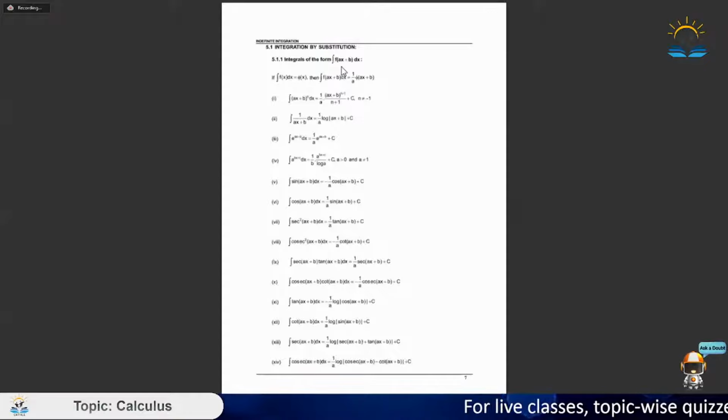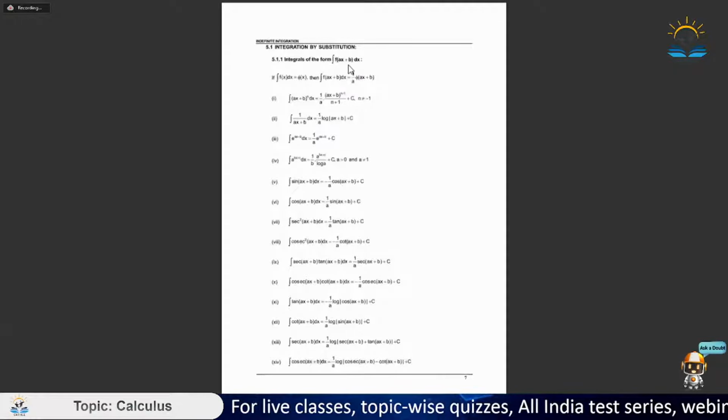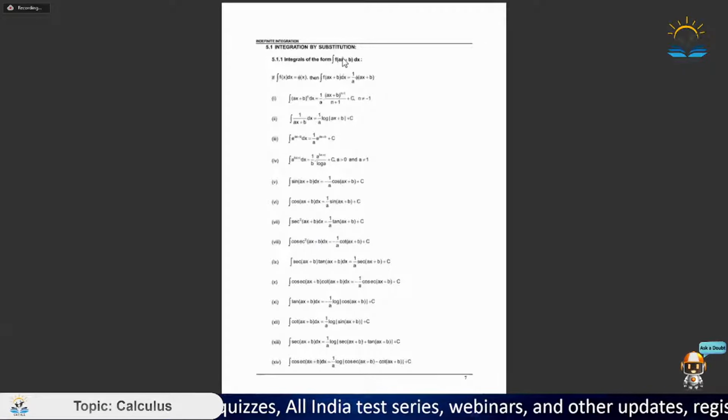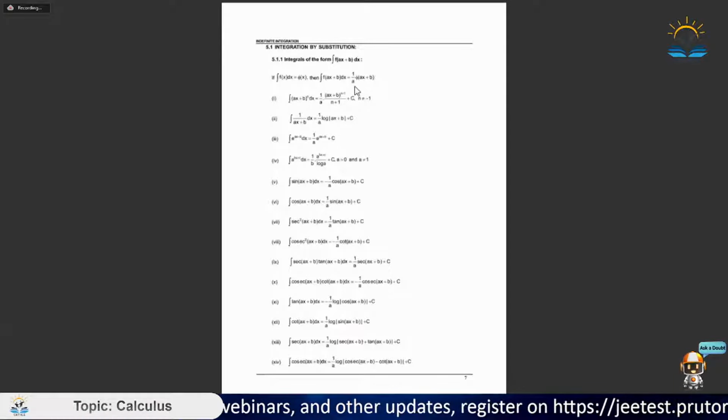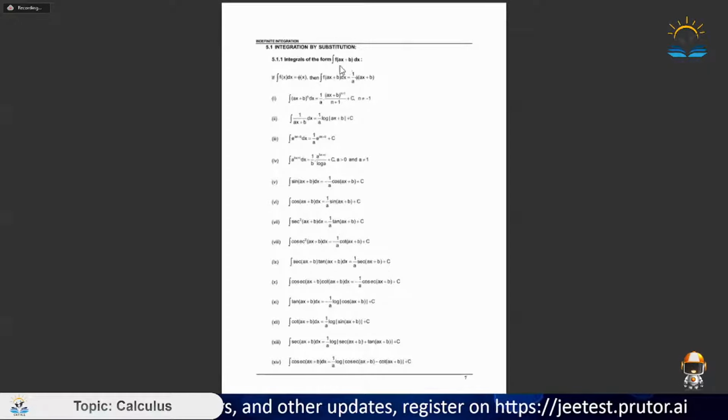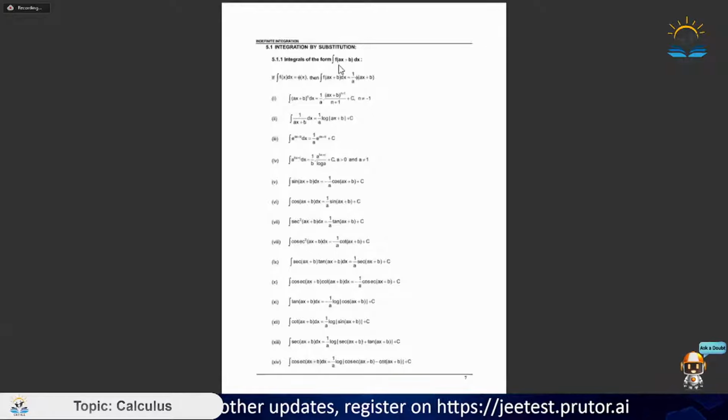you just treat this as a normal variable. Suppose here is y, or suppose there is only x present here, and integrate it, and in place of x just write ax plus b. What additionally you will have to do is divide the whole thing by a.